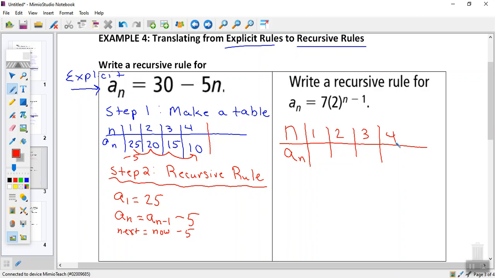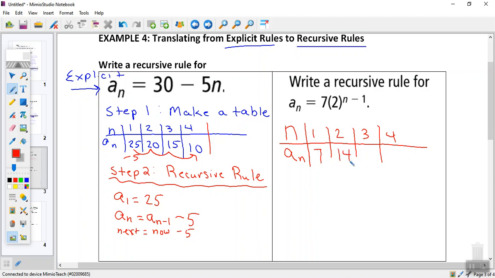Help me plug in a 1 there, friends. 0. So 2 to the 0 power is 1 times 7 is 7. Throw a 2 in there, friends. 1. So 2 to the first power is 2 times 7 is 14.